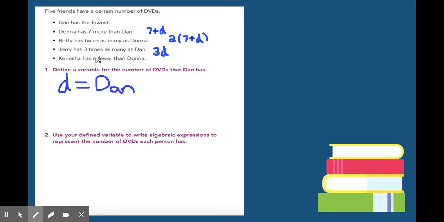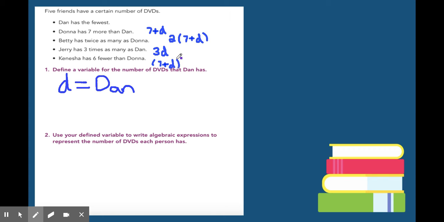Then Kenesha had 6 fewer than Donna. So again, we go up to Donna and we say, okay, Donna has 7 plus D, so we're going to take our 7 plus D for Kenesha, and we're going to make sure that she has 6 fewer than that.